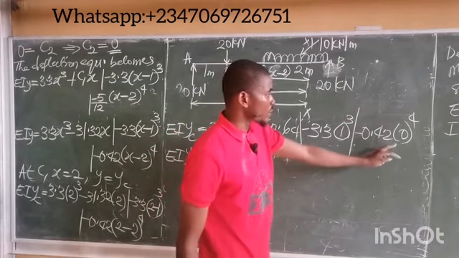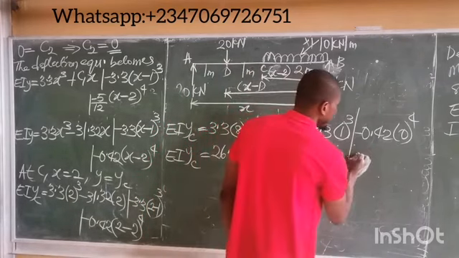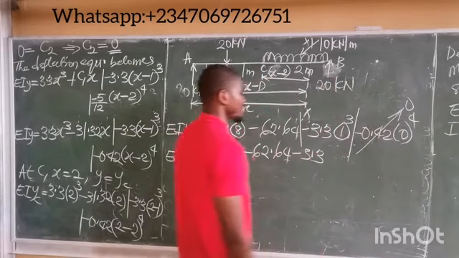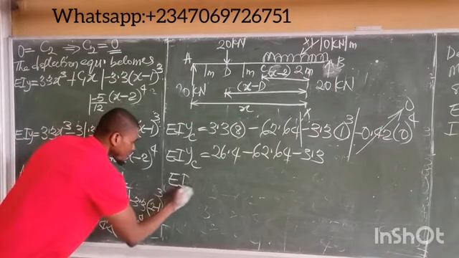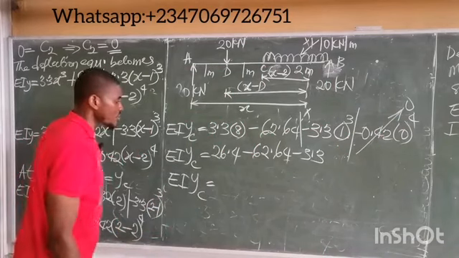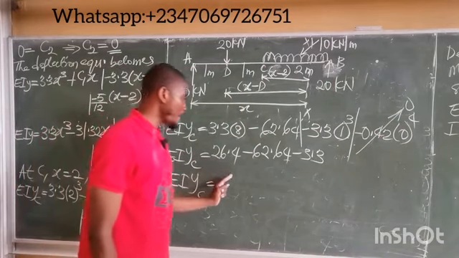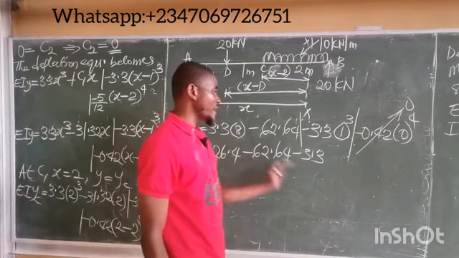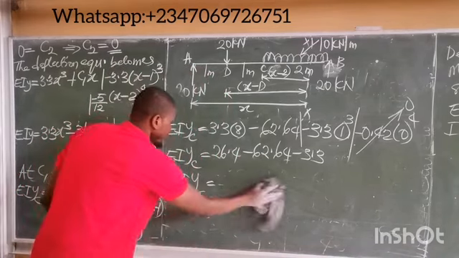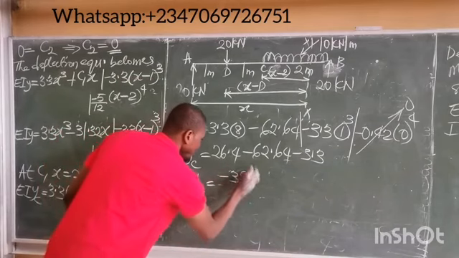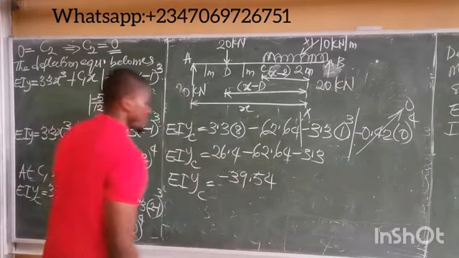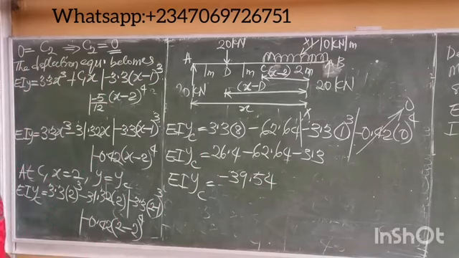Here we have 2 minus 2, which is 0, so automatically everything here is 0. That's off. So EI yc is now equal to 26.4 minus 62.64 minus 3.3, so we have minus 39.54.